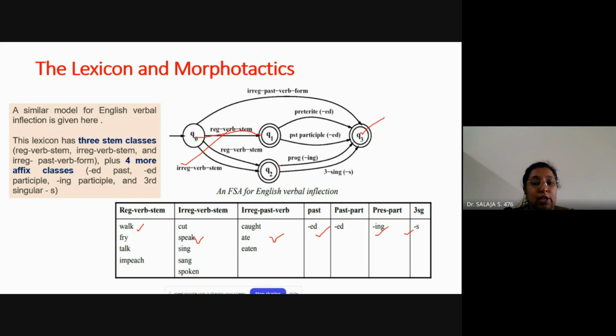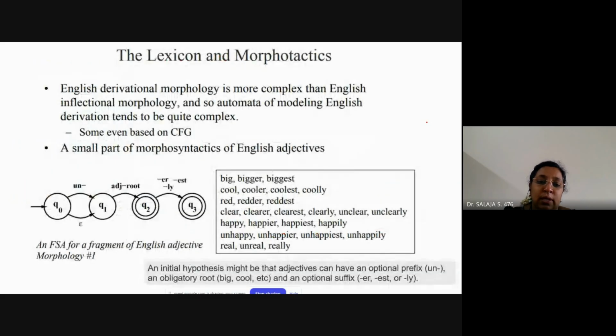So you have three final states. Regular verb stem with ing, these two are being taken together. Where ing is being considered, it moves on to Q3. Where you have either your past tense or past participle, it moves on to Q3 again. For an irregular verb, we don't have any options. You have to specifically spell it out one by one, and therefore you take it from Q0 to Q3.